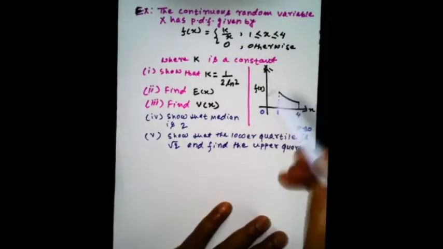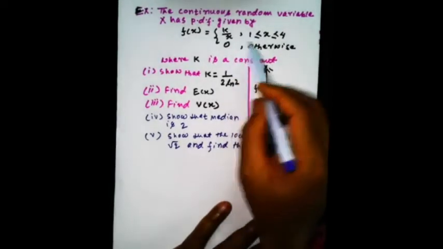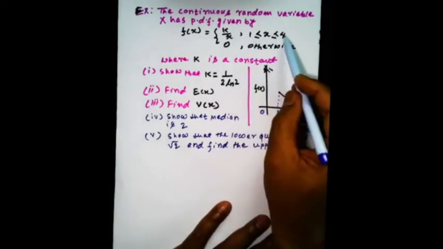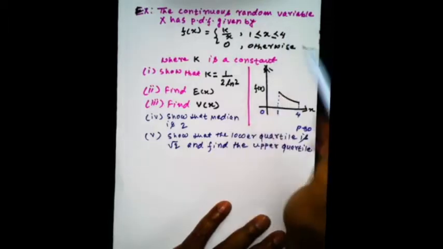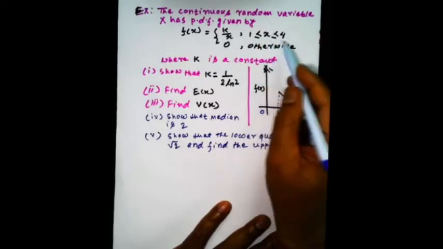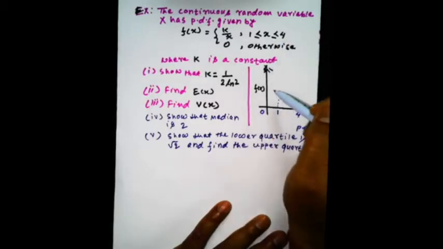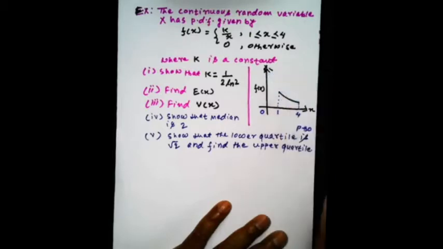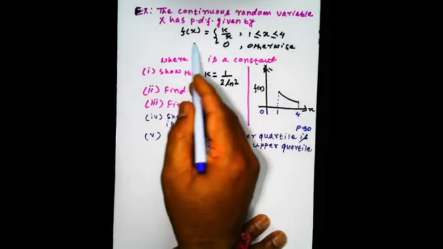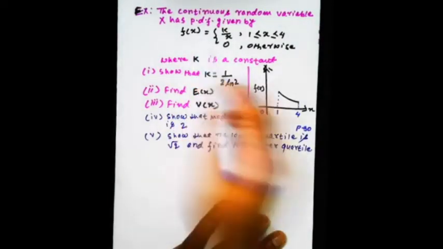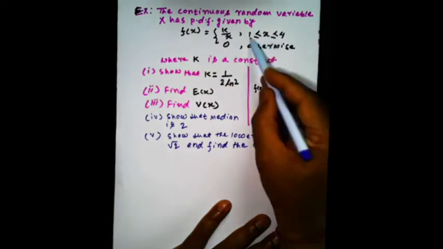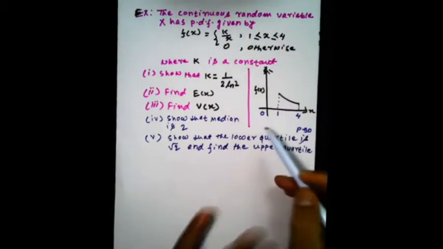And this function is defined statistically between 1 and 4, but mathematically there can be any value of x in the real numbers. It can be from positive infinity towards 0. In this way mathematically you can have any value of x between 0 and infinity, but statistically it says that this is valid for the value of x between 1 and 4 only, and 0 otherwise.